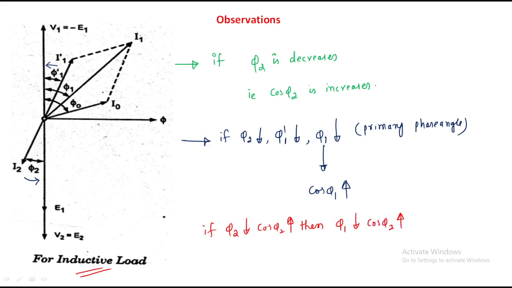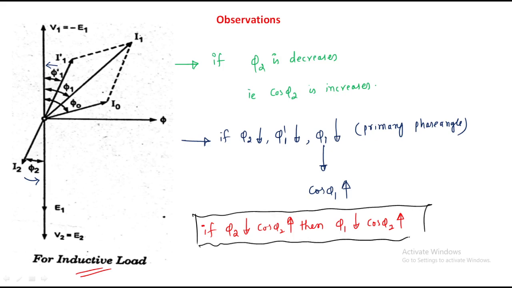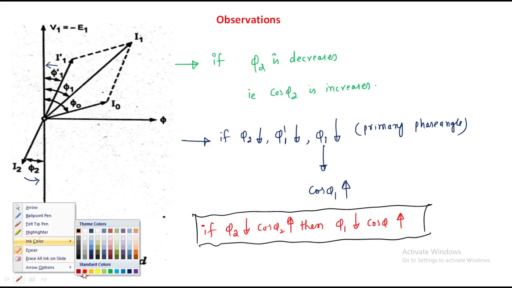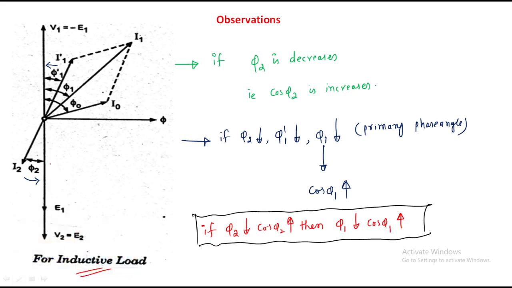This is a very important observation. With respect to load, we get different phase angles. So in case of lagging load, there is no reduction of power factor. Always cos phi 1 is more. Sorry, cos phi 1, not phi 2. Just correct this.